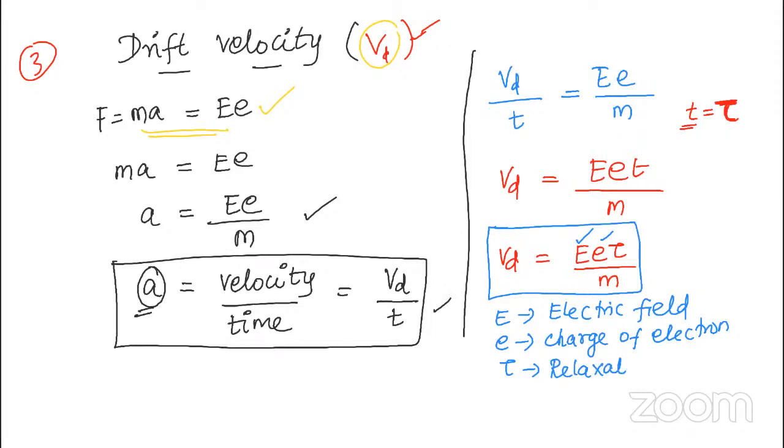In problems where the electric field and relaxation time are given and we calculate the drift velocity, we have to choose this expression. For drift velocity there is one more equation, so keep this expression in mind.